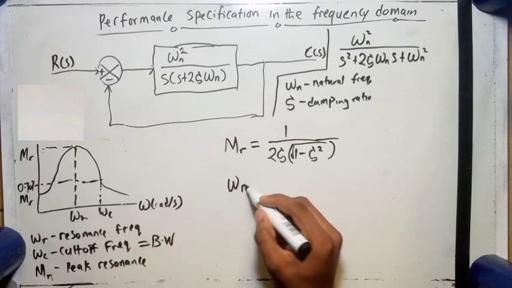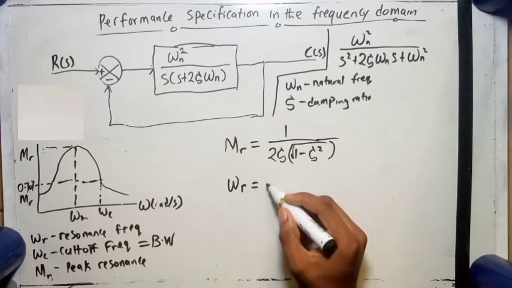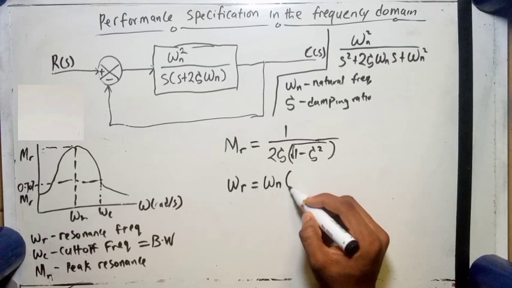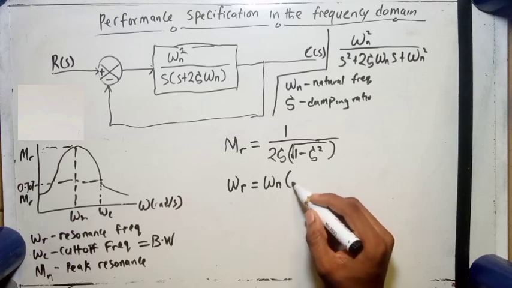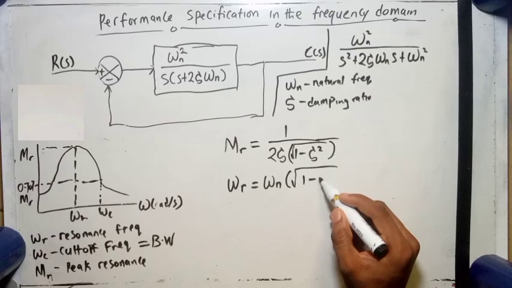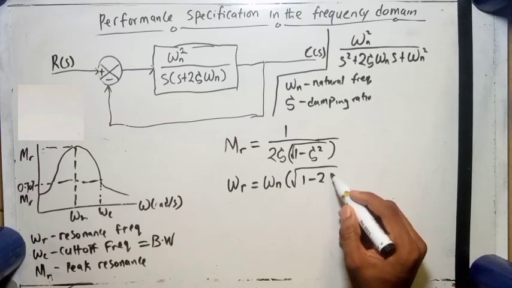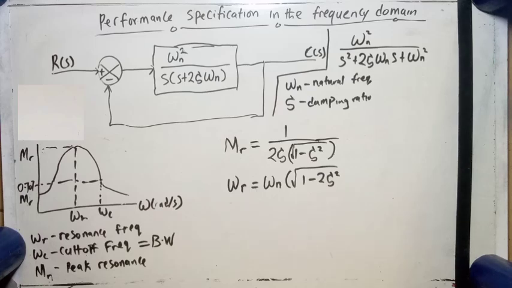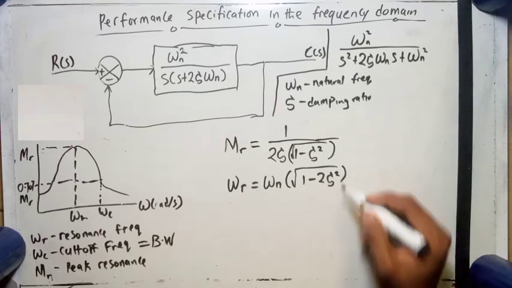Our wr is given to us as our natural frequency multiplied by the square root of 1 minus 2 zeta square.